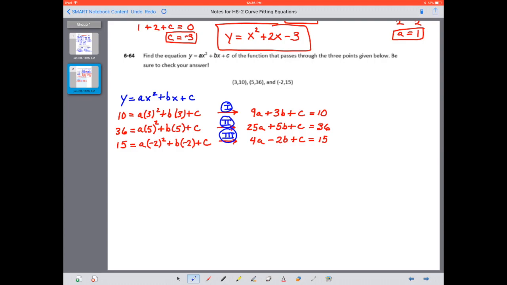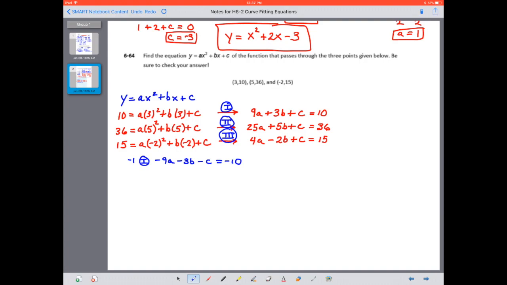Now choose 2 pairs of them and probably eliminate the same variable. Again, c is going to be the easiest one to eliminate. So I'm going to do negative 1 times equation 1, which would be negative 9a minus 3b minus c equals negative 10.